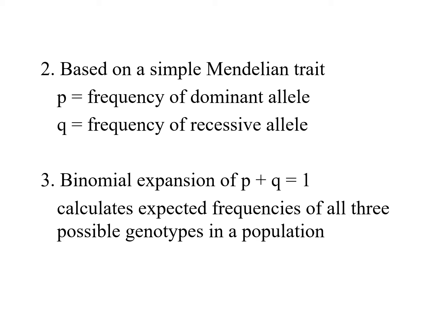They have 2 alleles, so there are 3 possible genotypes. So when we expand that expression p plus q equals 1, when we square it, we get this: p squared plus 2pq plus q squared equals 1. Now what we have there, those 3 expressions are the frequency of genotypes.